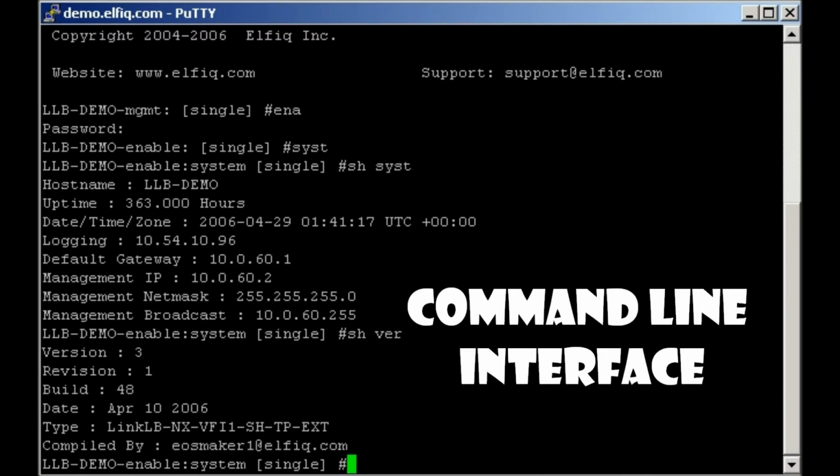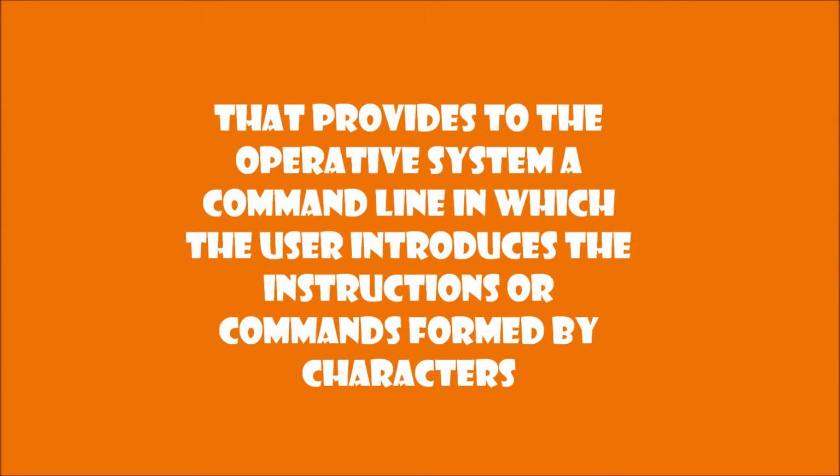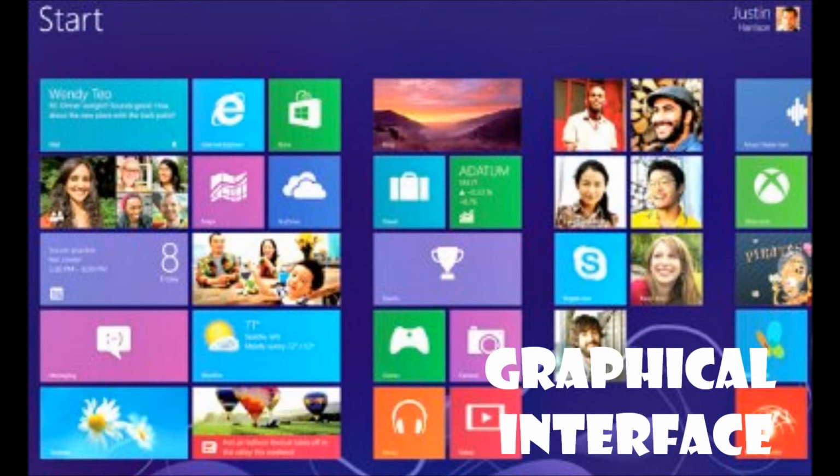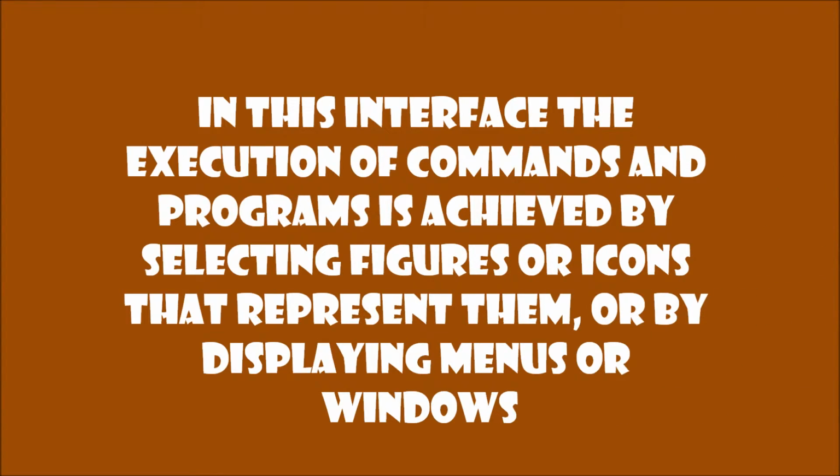The command line interface provides the operative system a command line in which the user introduces the instruction or command formed by characters. There is also the graphical interface. In this interface, the execution of commands and programs is achieved by selecting figures or icons that represent them, or by displacing menus or windows.